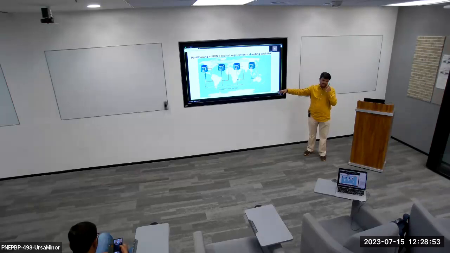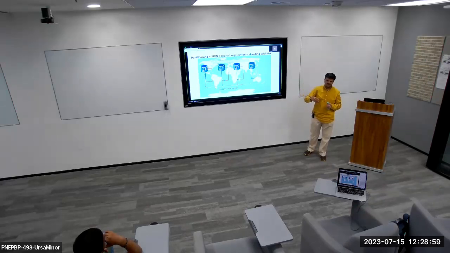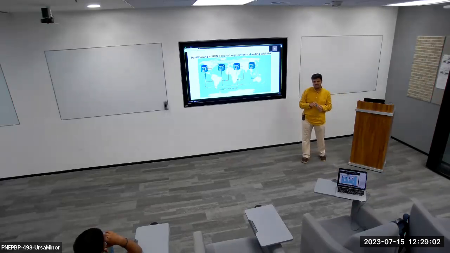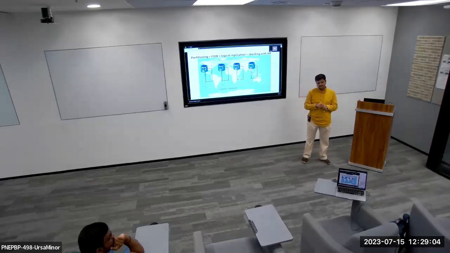So depending upon the application, you may replicate that data outside that region, so that even if that region goes down, you have the data available somewhere else. For sharding, we have to create a replication as well. Right. You set up both sharding as well as logical replication. That's what we are building: a system which will allow you to do all of that automatically. It will take care of the replication as well as sharding.